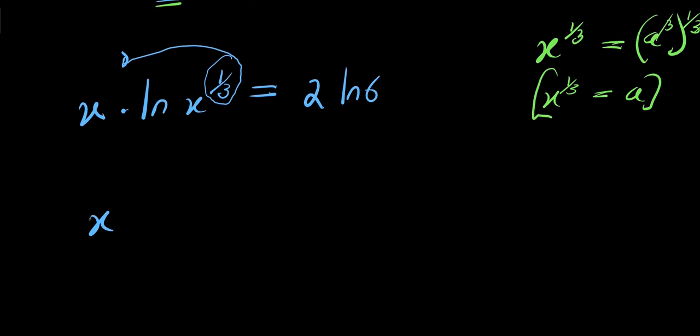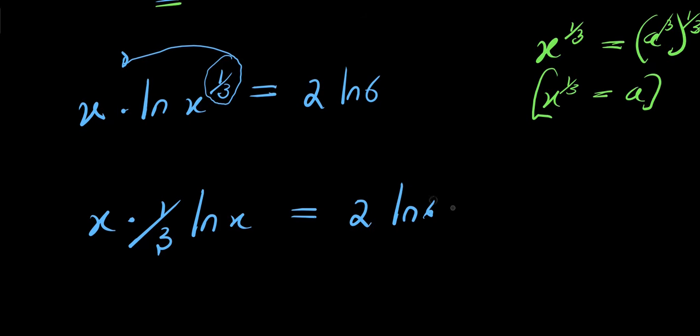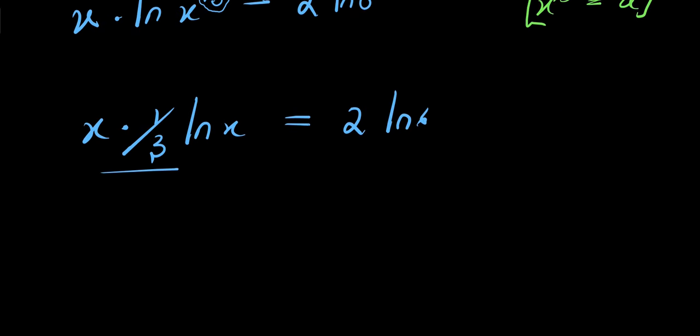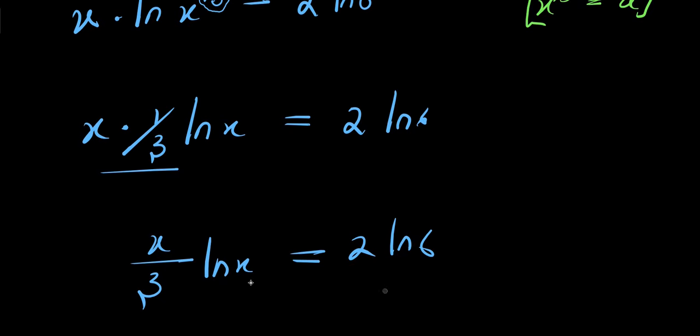So we have x times 1/3 times natural log of x equals 2 times natural log of 6. Multiplying this out, this is x/3 times natural log of x equals 2 times natural log of 6.